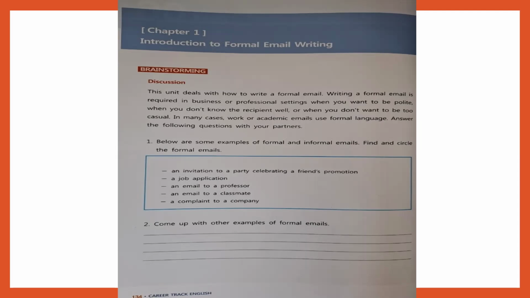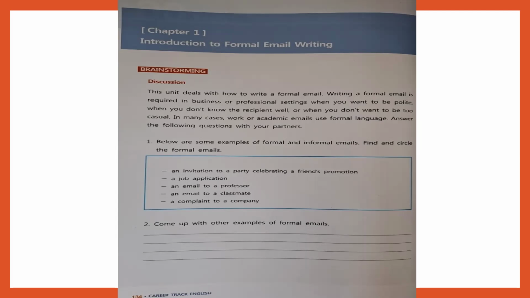So the recipient is the receiving person, the person who receives the email. Okay, so that is called the recipient. And we're talking about formal emails. So writing emails in academic situations, in business situations, in work situations, etc.